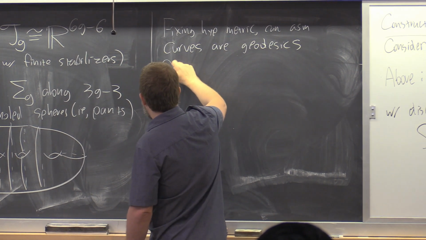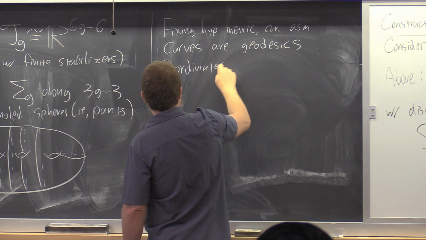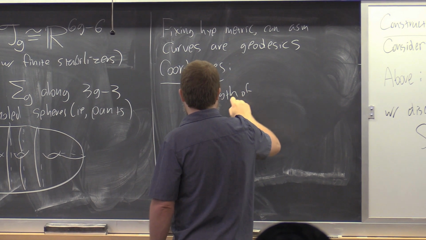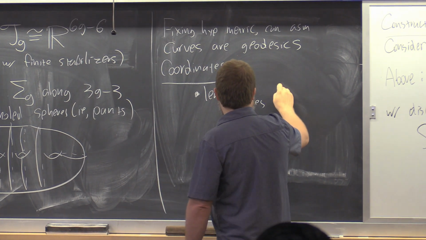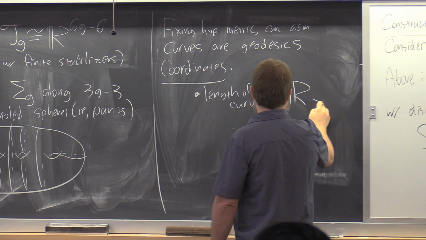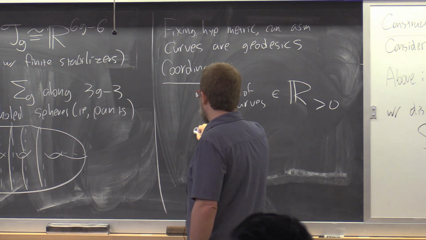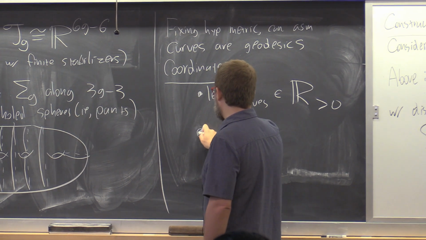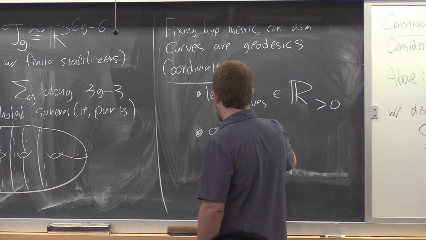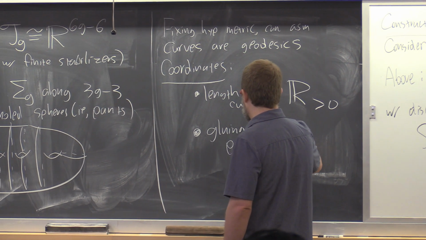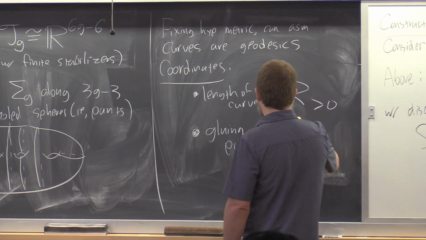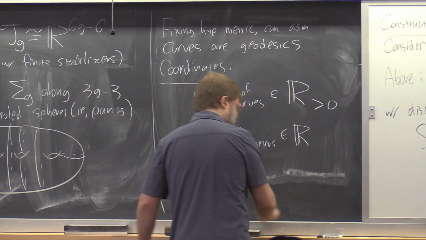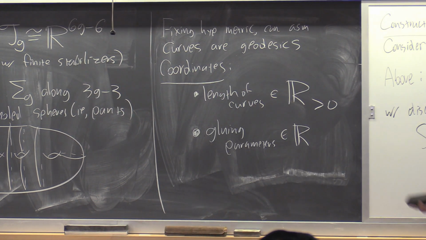And then the coordinates are, first, the lengths of the curves, which are positive real numbers, and then you also need a gluing parameter inside R for how these are glued together. The lengths of all the curves.